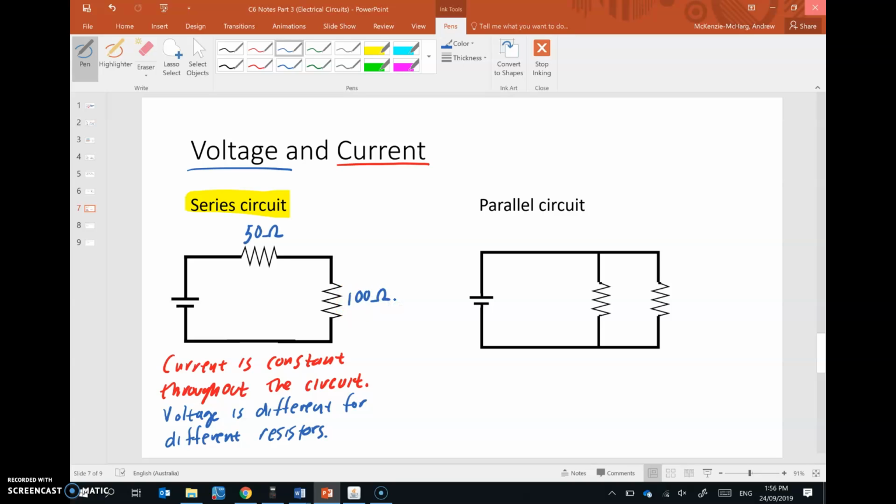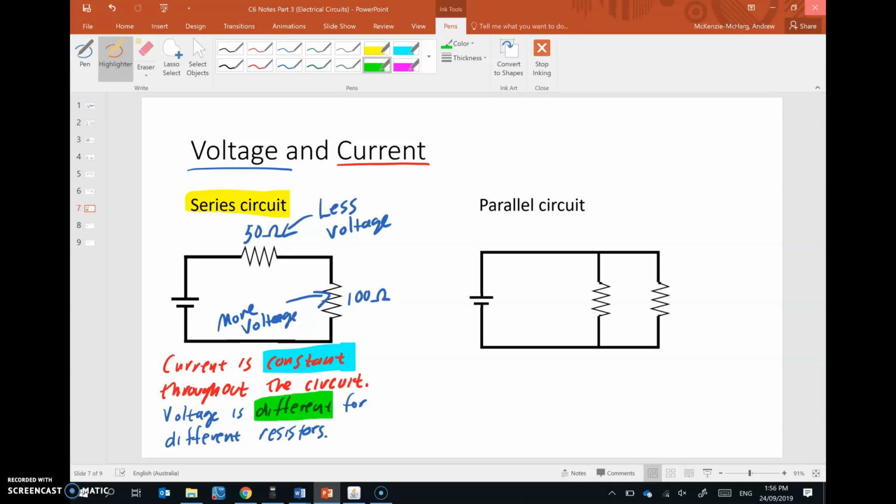Well, more of the voltage is going to be used up, or more of the energy is going to be used up by the 100 ohm resistor. So that gets more voltage than the 50 ohm resistor. The 50 ohm resistor gets less voltage. So the big thing here to remember in a series circuit is that current is constant, but voltage is different.